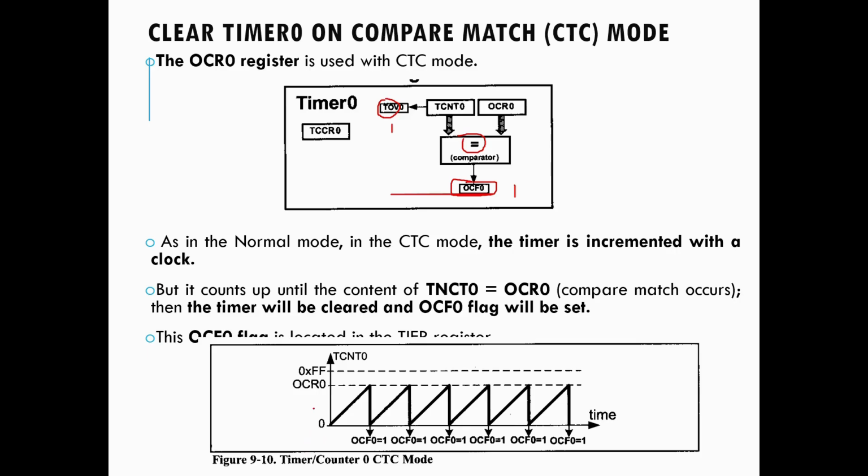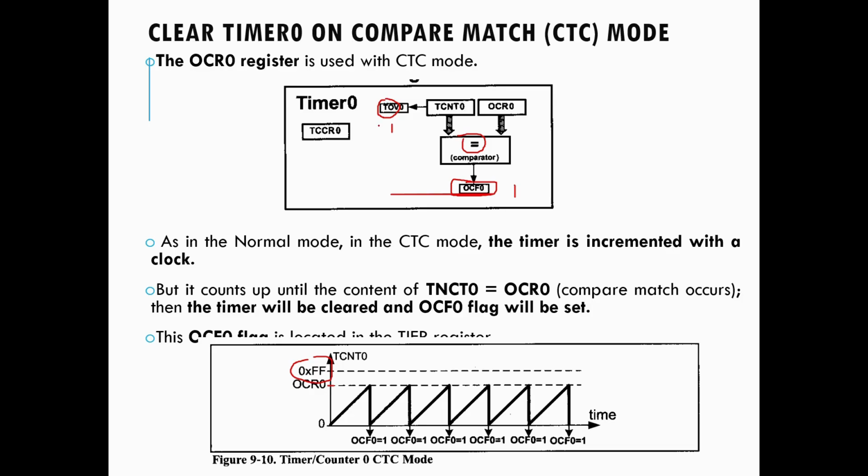So here is the graph, TCNT versus time. Once the values inside the register increase up to a certain value, TCNT equals OCR. If this is the OCR value, we know that the TCNT has a maximum limit of 0xFF. It won't be greater than FF because this is not the overflow method.